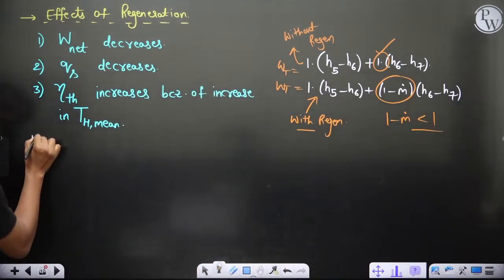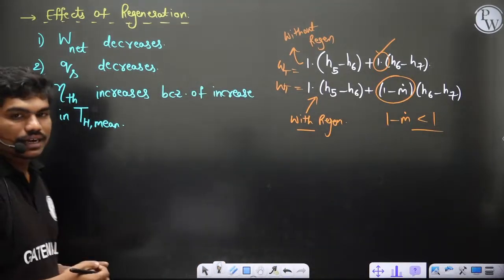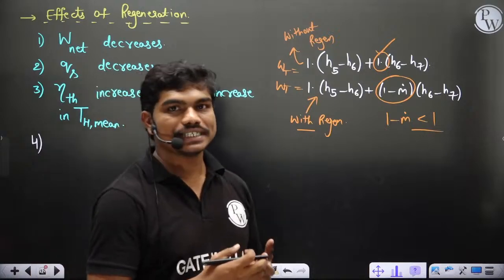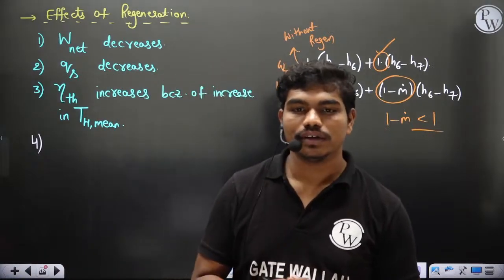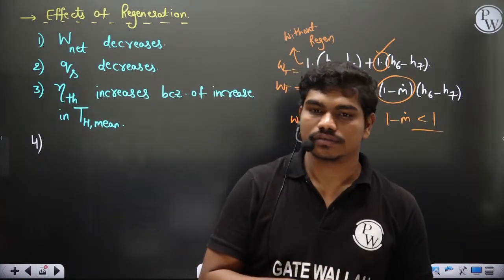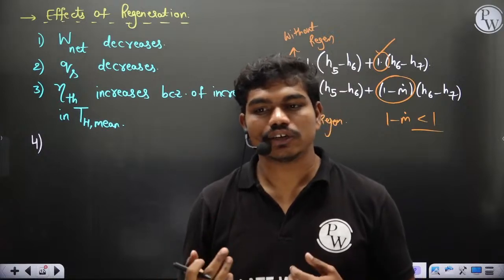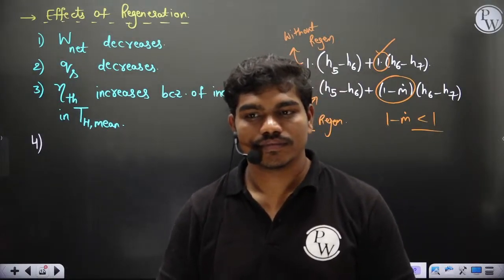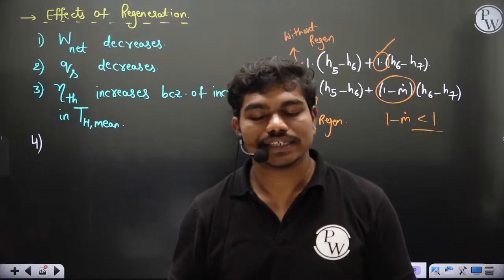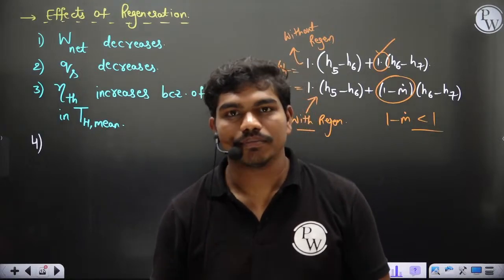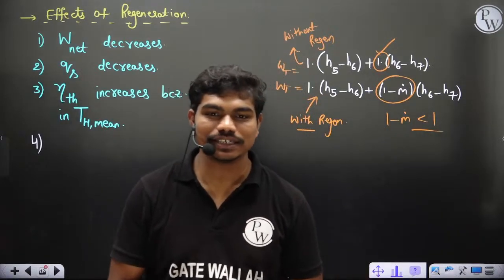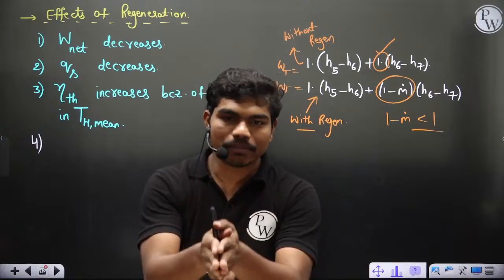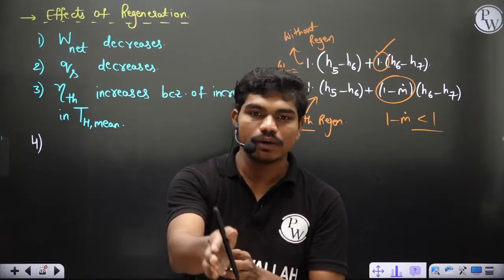Now fourth, dryness fraction at condenser. What happens to dryness fraction at condenser? Most important point: dryness fraction at condenser outlet. Will it increase or decrease? It remains the same, correct? It's not increasing nor decreasing. It will be the same, because even if you expand complete steam or only some part, you will expand only to the same point.